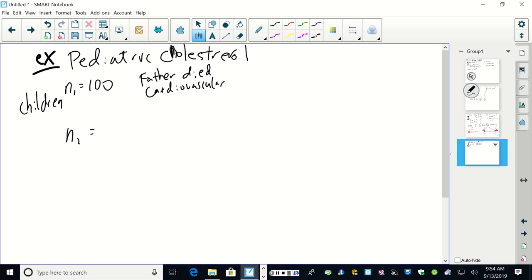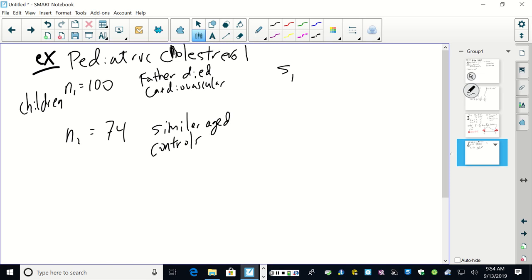And then n equals 74 similar aged controls. And in this group, ultimately you would want to test, is the cholesterol different in one group versus another?